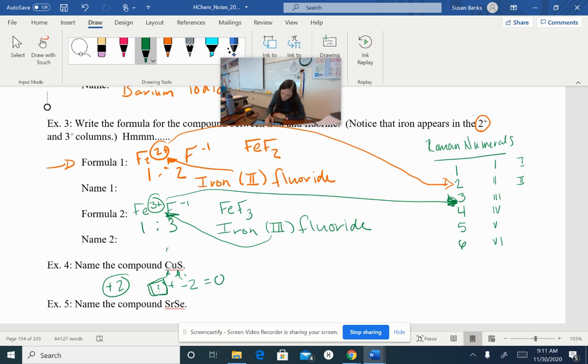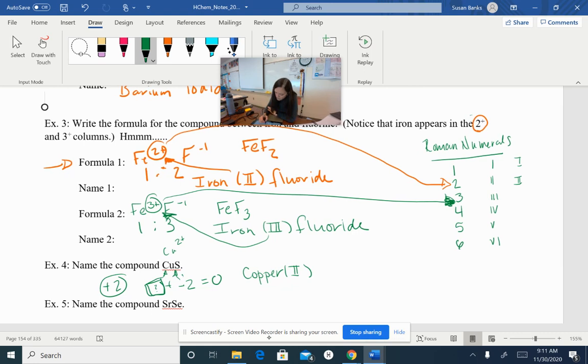So we know that the copper is a +2 here. Now we're going to have to put Roman numerals in here to designate that copper is a +2 and not a +1. So we're going to call this copper 2. And then sulfur, the root of sulfur is sulf, so sulfide.